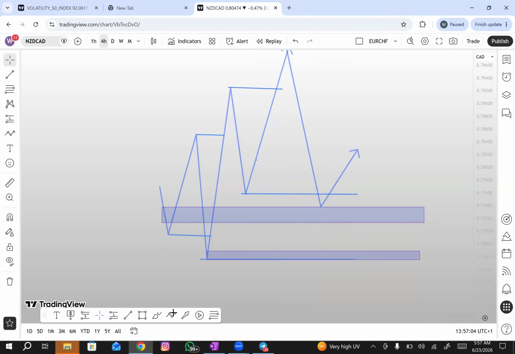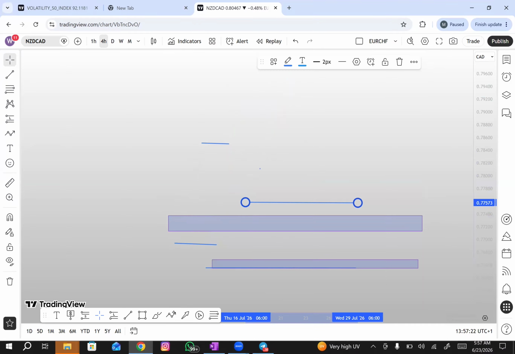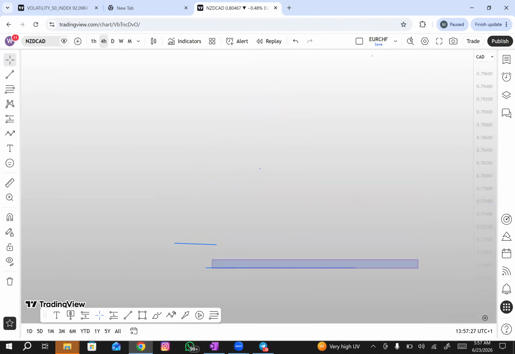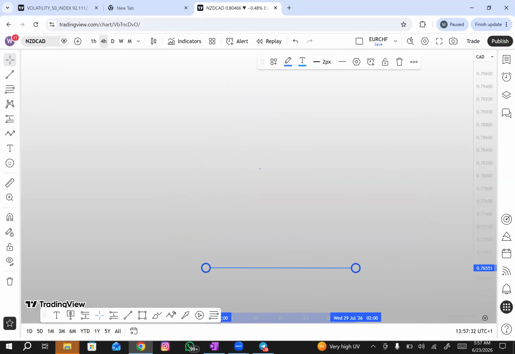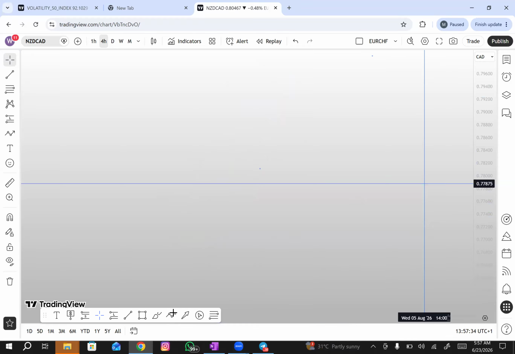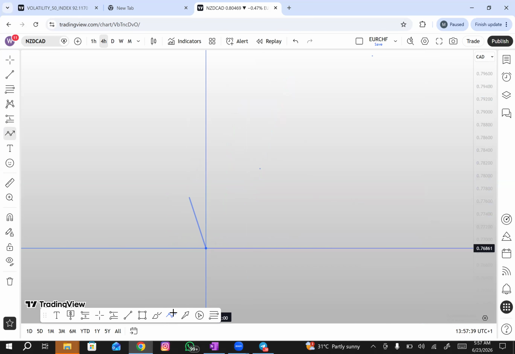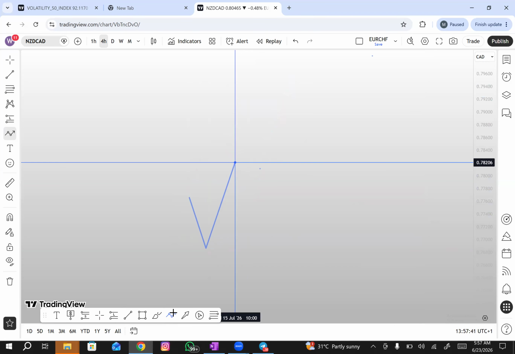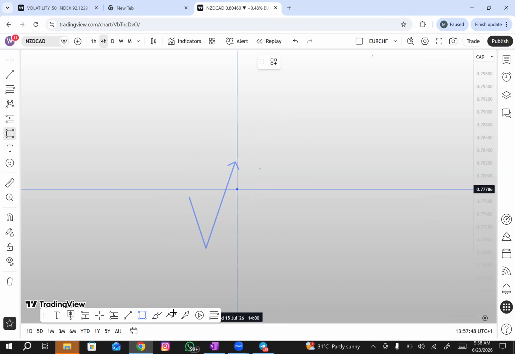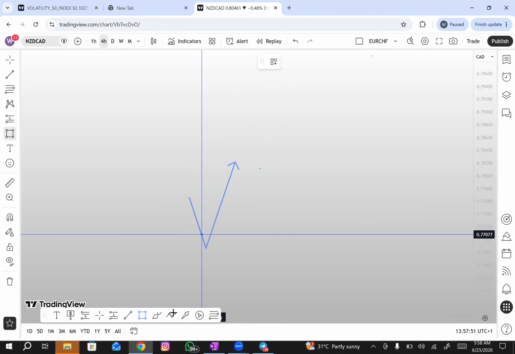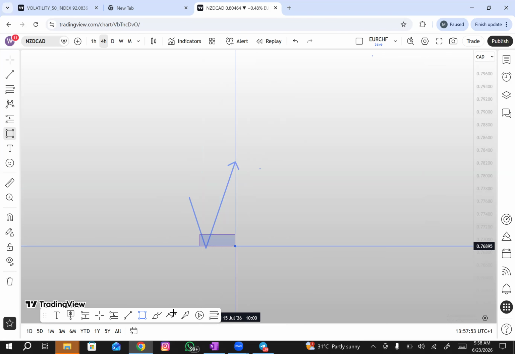Let me take this off. Okay. So now this is a basic market structure, right? Now, there's an order block right here, the last bearish candle before the bullish move.